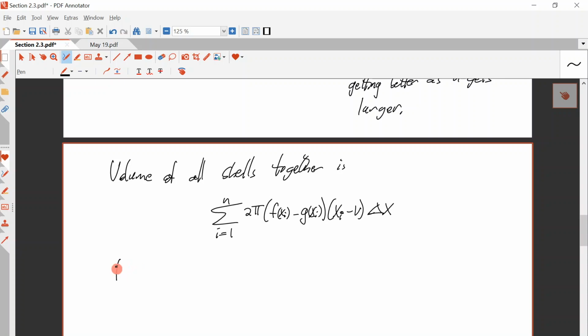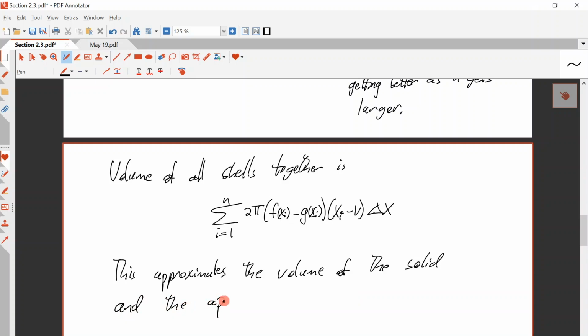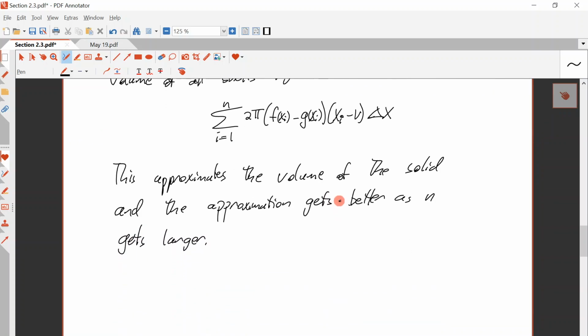So this approximates the volume of the solid, and the approximation gets better as n gets larger. Right, so same idea from before.